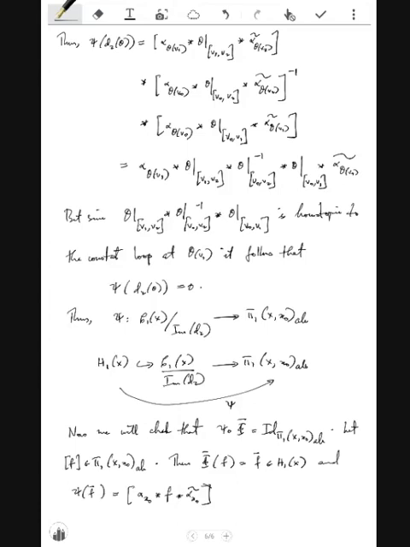But since alpha x naught is just the constant loop, this is just equal to c x naught star f, which is equal to f. So this shows that psi composed with phi bar is equal to identity.